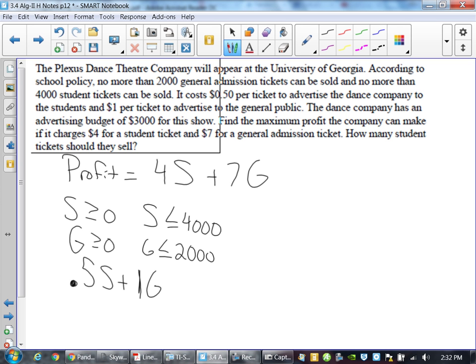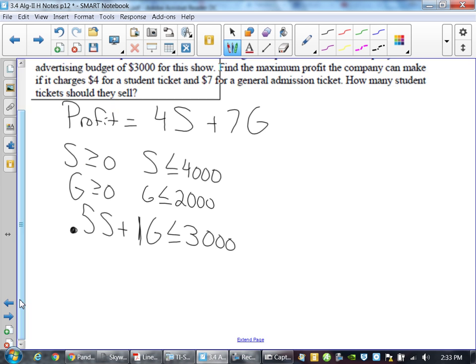And what was the operating budget? $3 grand. So this actually has 5 total constraints to it. Yeah, it's hard, but it's not crazy. Impossible? It's not hard. It's just, okay.